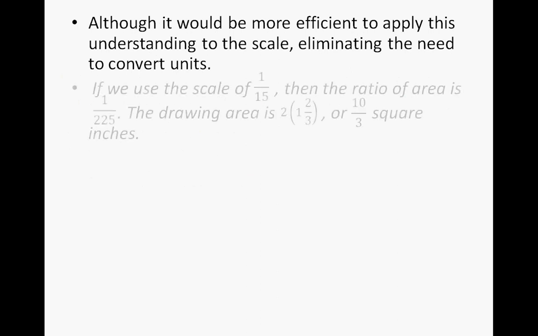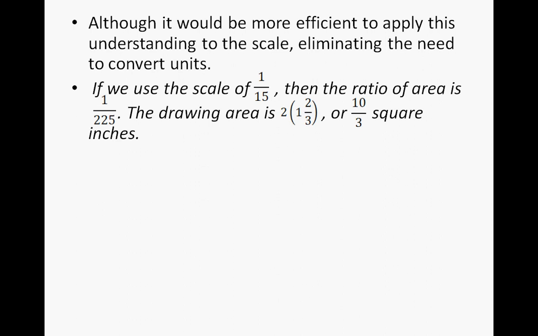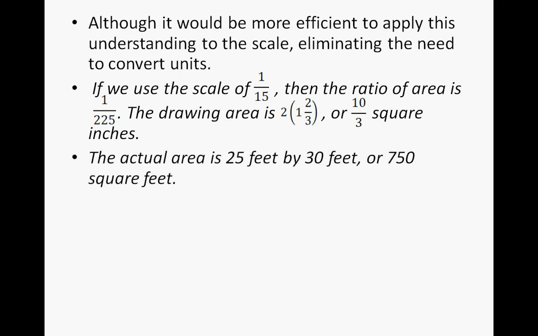Although it would be more efficient to apply this understanding to scale and eliminate the need to convert units. So if we use a scale of 1 to 15, or 1/15, then the ratio of the areas is 1 to 225, and the drawing area is 2 times 1 2/3, or 10/3 square inches. Well, the actual area is 25 feet by 30 feet, or 750 square feet.